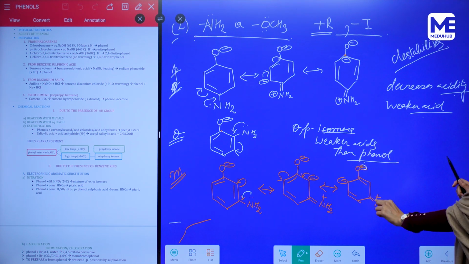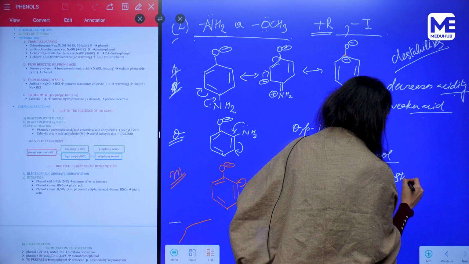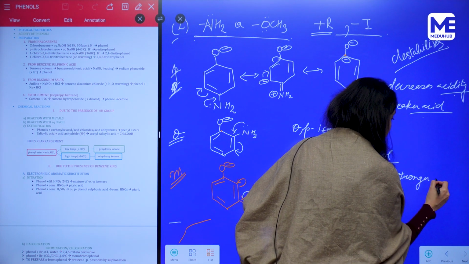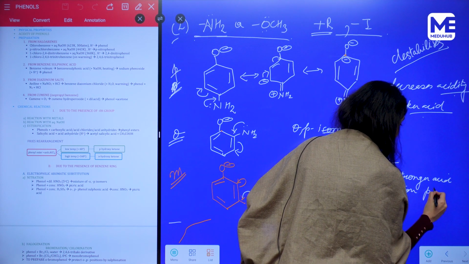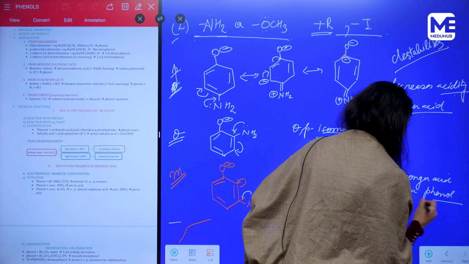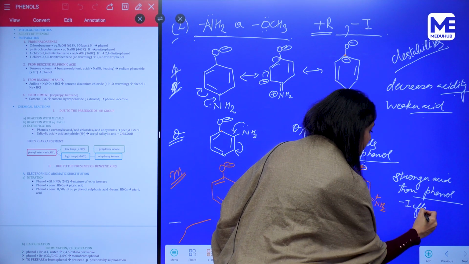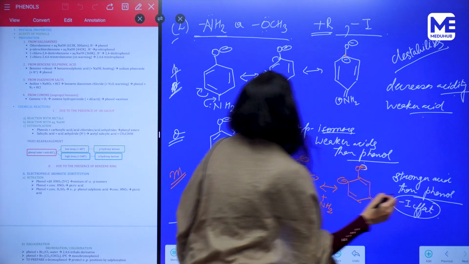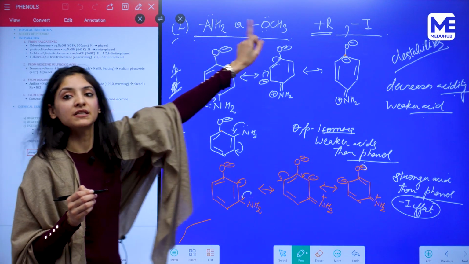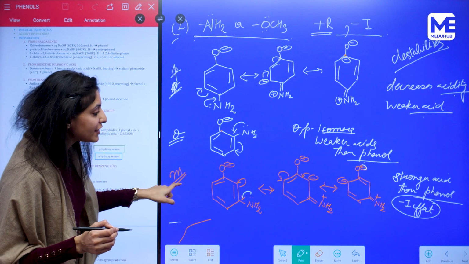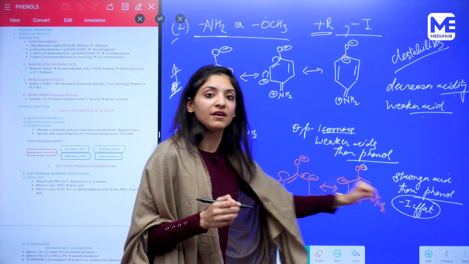So this one at the meta position, the meta isomer will be a stronger acid than phenol because of its minus I effect. So ortho and para isomers are weaker acids because of the plus R effect, whereas the meta isomer is a stronger acid than phenol because of its minus I effect.